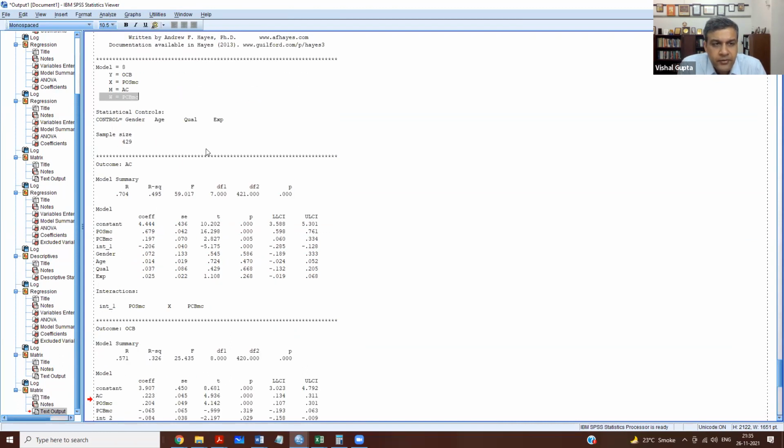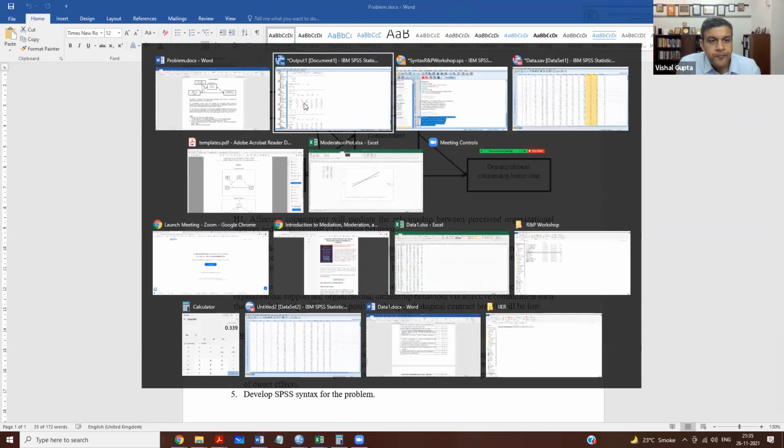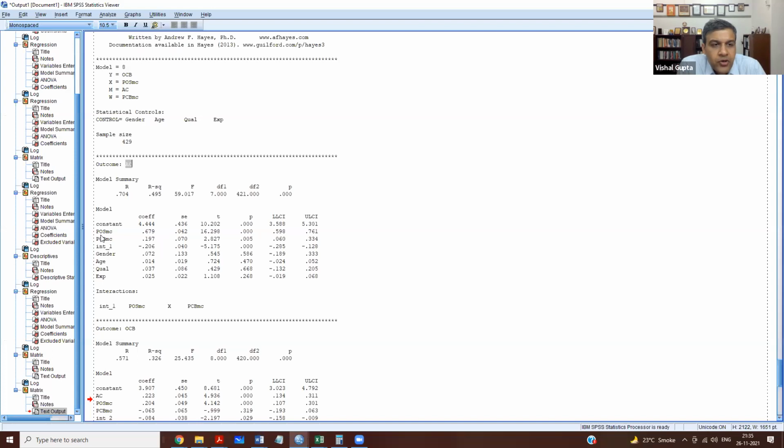Our sample size is 429. So the first outcome that we are looking at, so we are now focusing on this part of our model. This part where we are looking at POS, outcome is AC and the role of psychological contract breach here. And that is what is given.